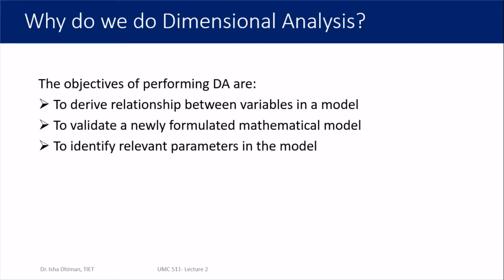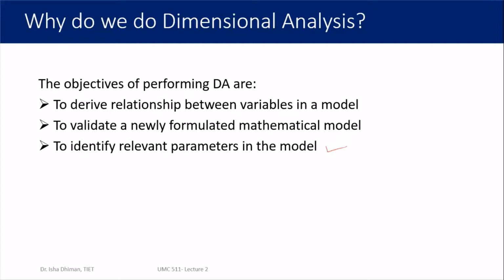Sometimes we also use dimensional analysis to identify relevant parameters in the model. We'll talk about this in more detail when we do particular examples, about what we mean by relevant parameters of the model. Sometimes it seems to us that this particular phenomenon depends upon temperature, pressure, and humidity as well.